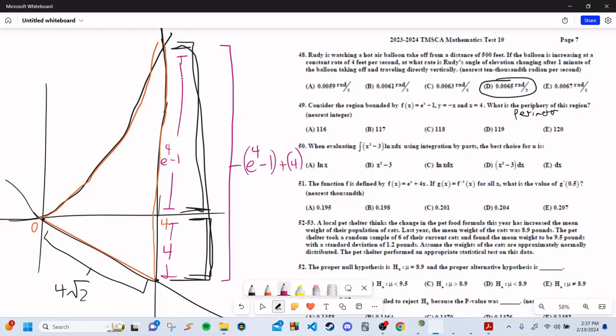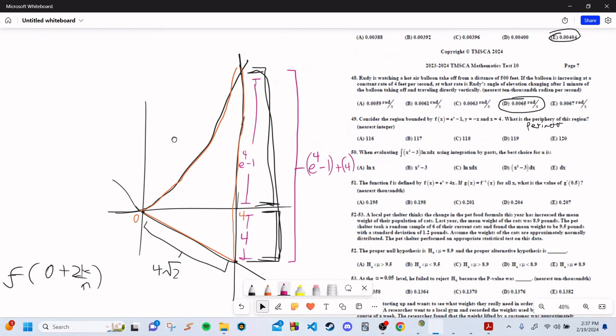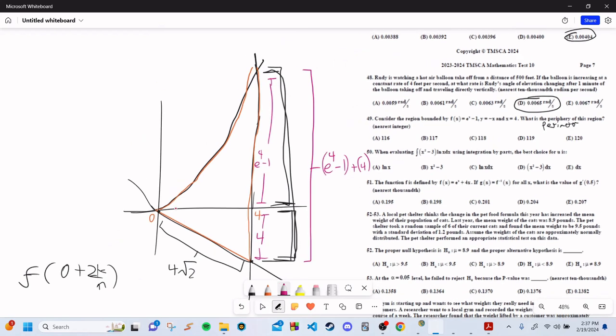Okay, so we've got the lengths of these two straight edges, and now I need to find the length along this curve. The way I can do that is by using this formula. If I want to get the length of a curve from point A to point B of f of x, I get that length by doing the integral from A to B of the square root of 1 plus f prime of x squared dx.